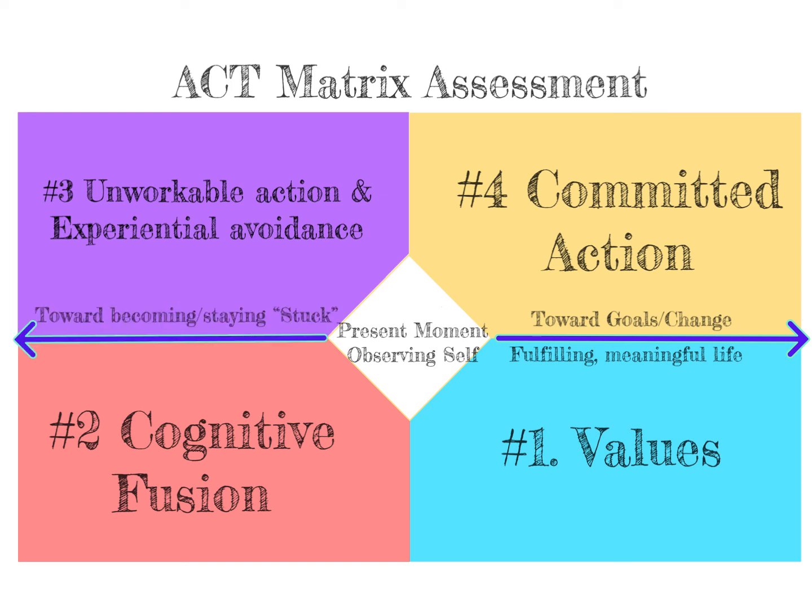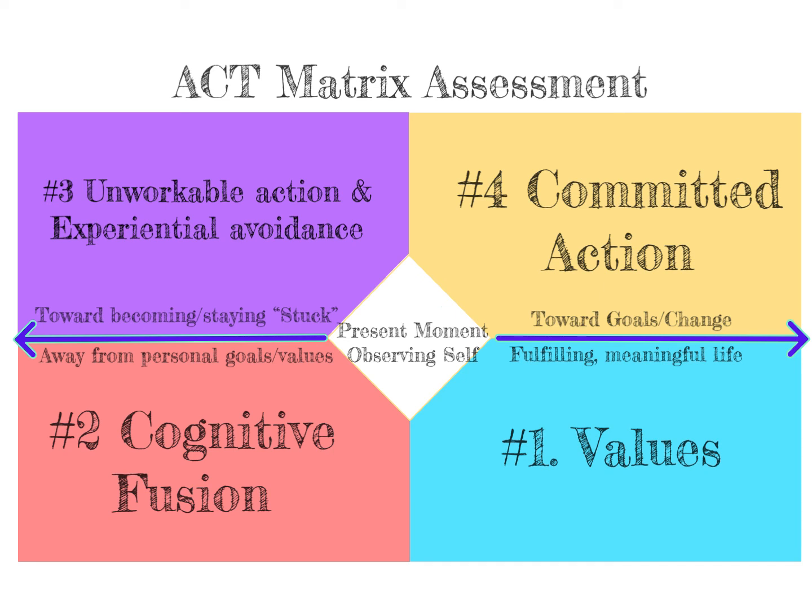The arrow to the left represents moving toward becoming or staying stuck. Typically, it represents what has brought them into counseling and what has caused much of their symptoms to be maintained throughout their life or throughout the current reason for seeking counseling. It can also represent moving away from personal goals and values.